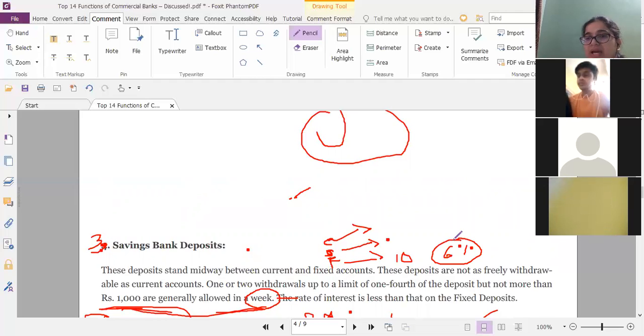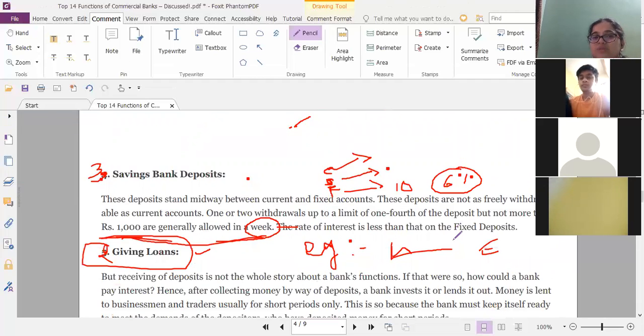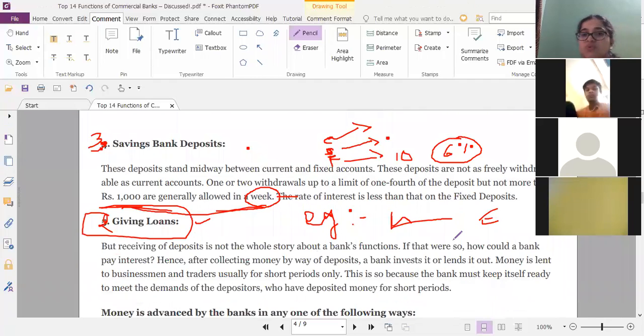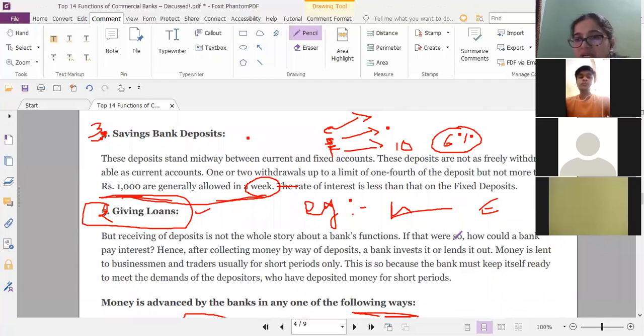For that, the bank has to lend or perform some other activities through which it gets some money from the deposits it is holding, and that is how the bank is able to pay this 6% interest rate. So after collecting money by way of deposits, a bank invests it or lends it out.